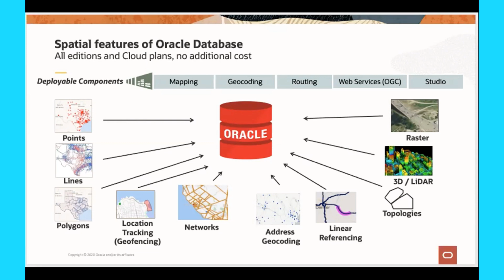That's the platform database part of the spatial features of Oracle Database. The other important part is a series of what we're calling in this slide deployable components, and that's the general category of basically apps that come along with the Oracle Database, because Spatial comes along with the database.